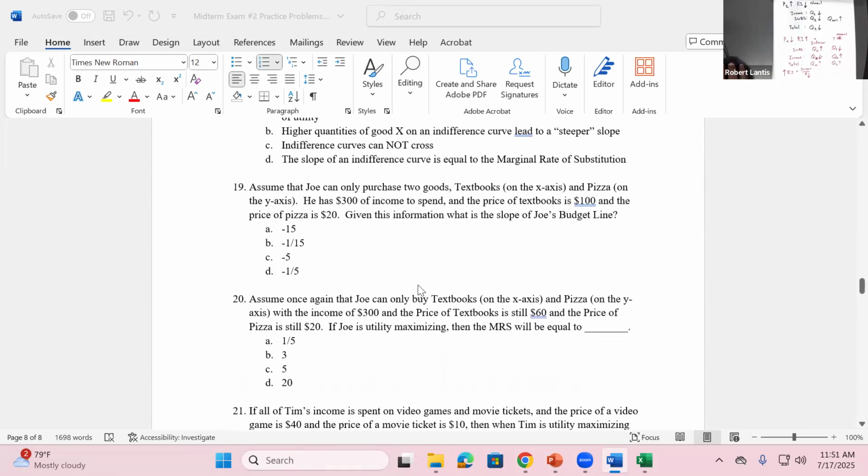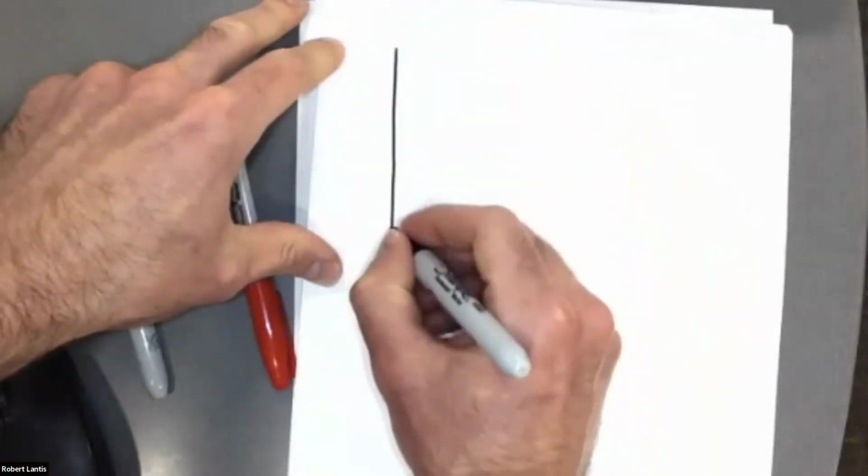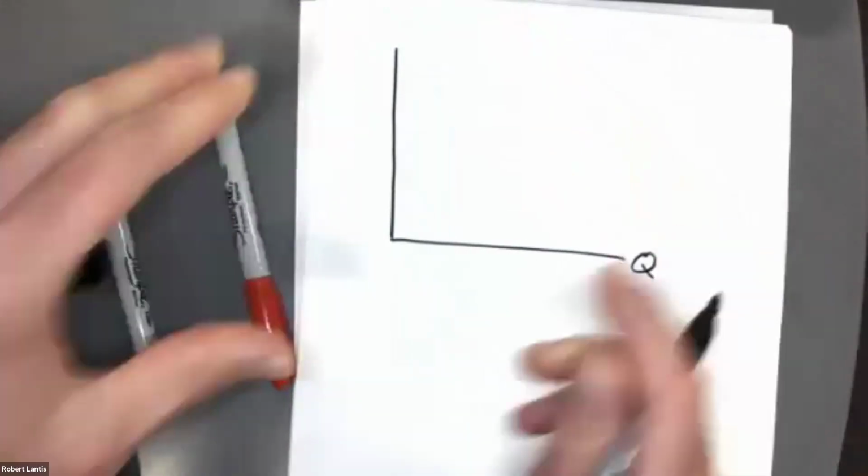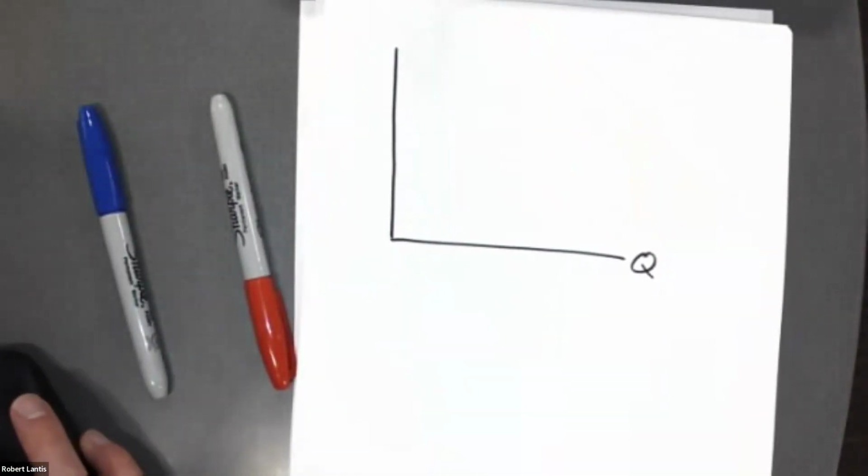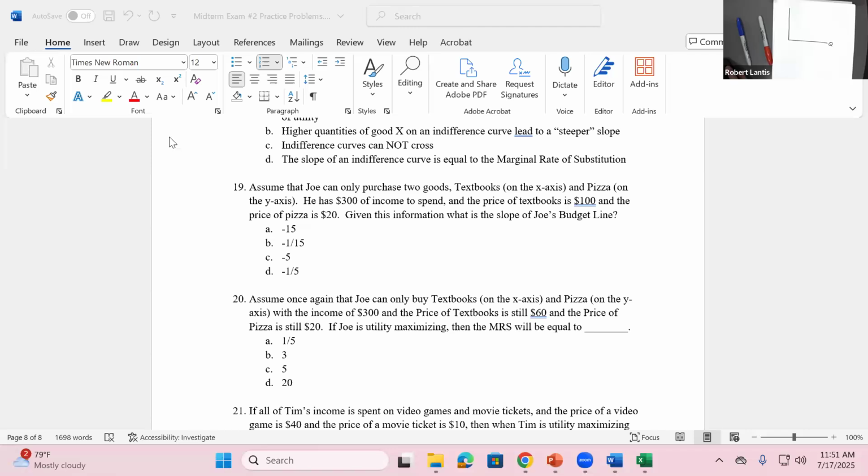20. Okay. So we've got prices. So 20 is going to be related to this idea that we know that the consumer optimum is where the slope of our budget constraint is the exact same as the slope of our indifference curve. So whatever two goods we're looking at, here we got what?